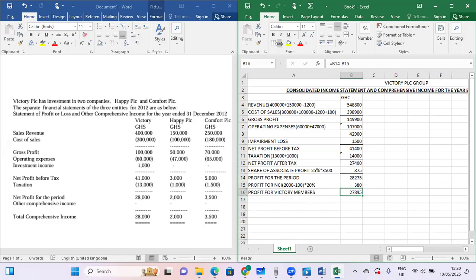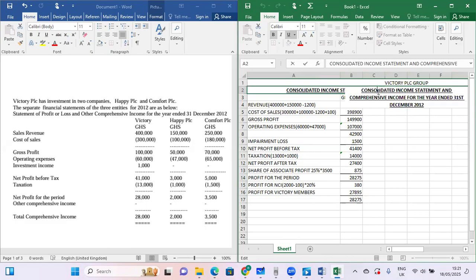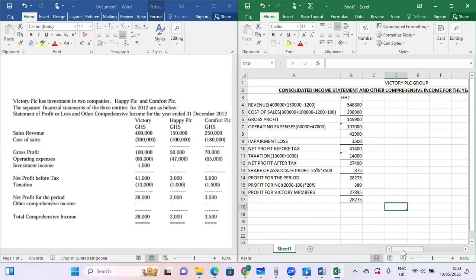So still the total is going to be the same. Then we are done with the consolidated statement of income and other comprehensive income. So this is it.